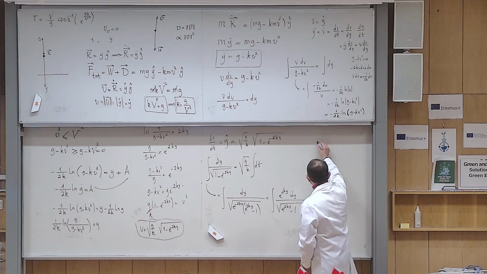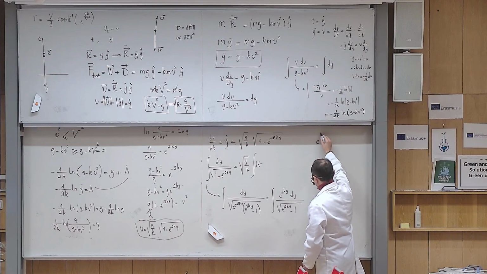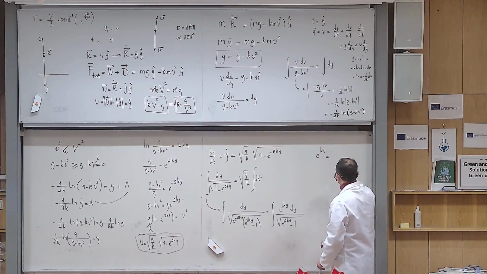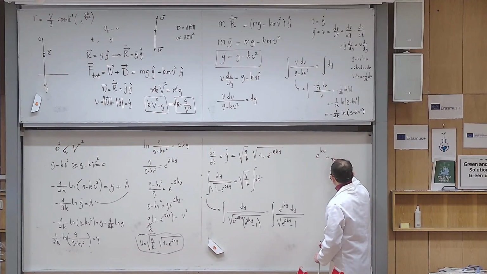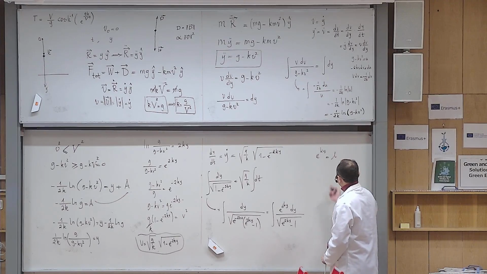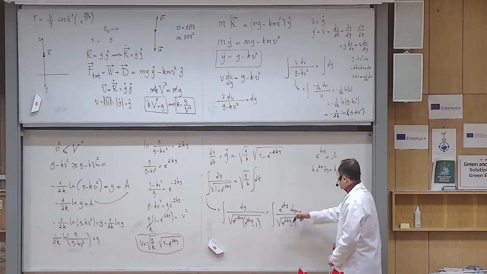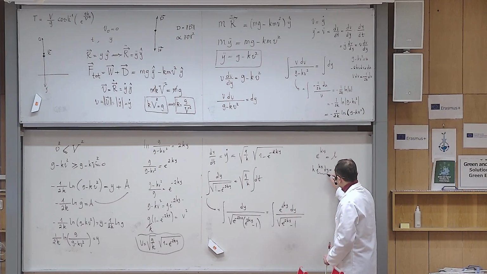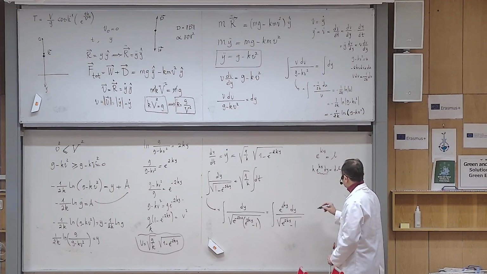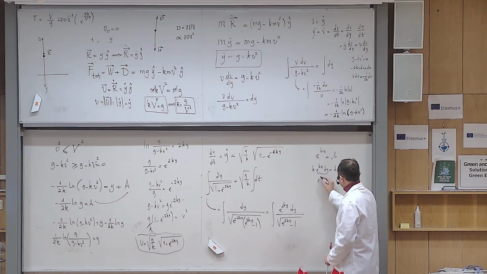Because if you take e to the power of ky as your new variable, let me call it L, then I differentiate: the left-hand side becomes k e to the power of ky dy, the right-hand side becomes simply dL. But in order to find this combination, I need to divide everything by k, so e to the power of ky dy becomes 1 over k dL.